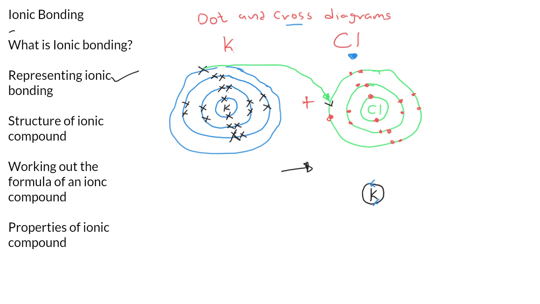The next shell, we also take 8, right? 1, 2, 3, 4, 5, 6, 7, 8. And we are also going to have the last shell, right? So the last shell, we also take 8 electrons.